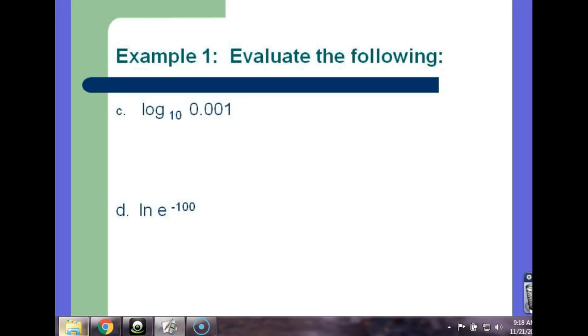Log base 10 has to equal 0.001. So again, the question becomes 10 to what power is 0.001? So 0.001 is really the same as what as a fraction? 0.1 is what as a fraction? So 0.01 would be, so 0.001 exactly, it's 1 over 1,000.